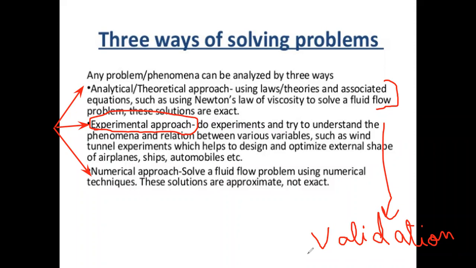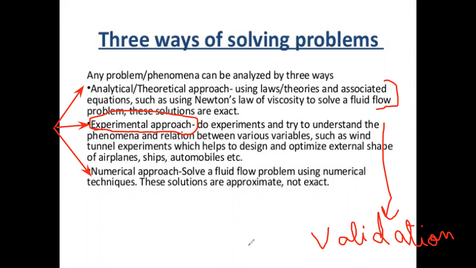Then, once it's validated, there is no need to do everything experimentally, because my CFD model is working well. I can perform my parametric study, to study the effects of variation of different input parameters on my solution. I can perform this parametric analysis in CFD.